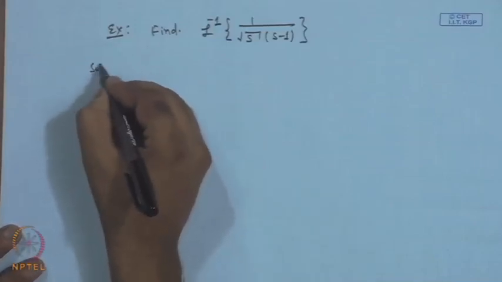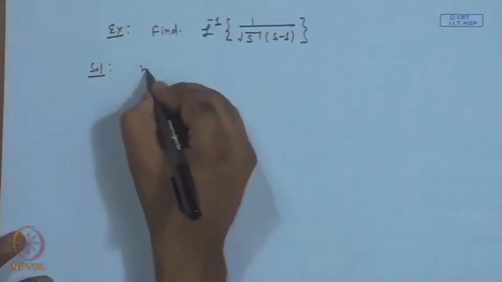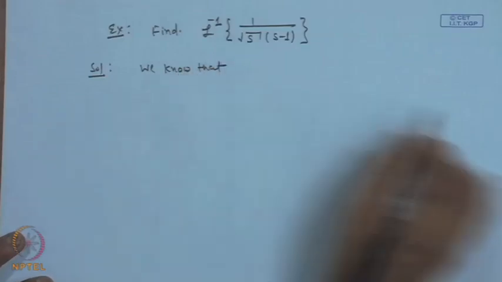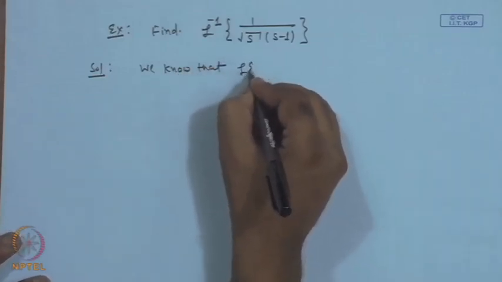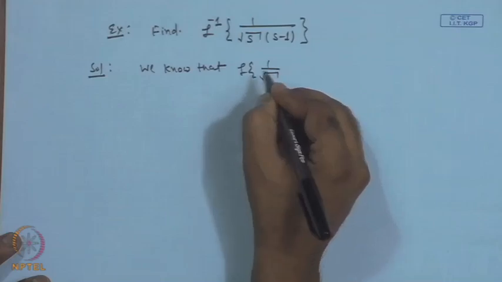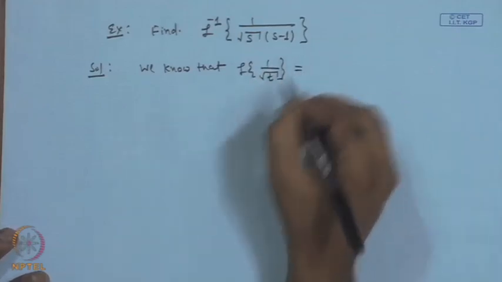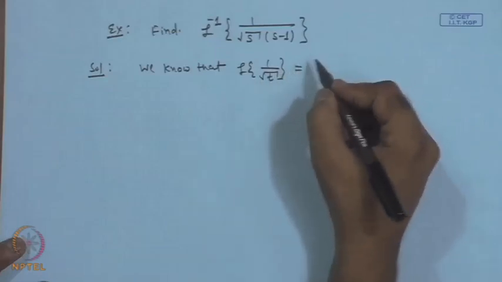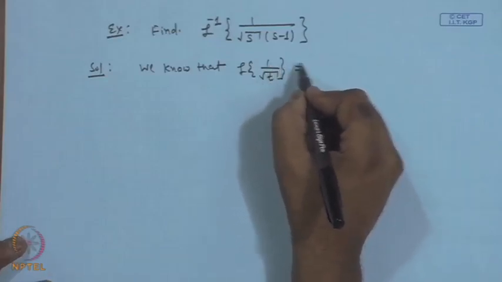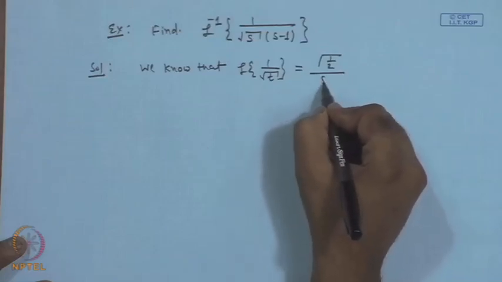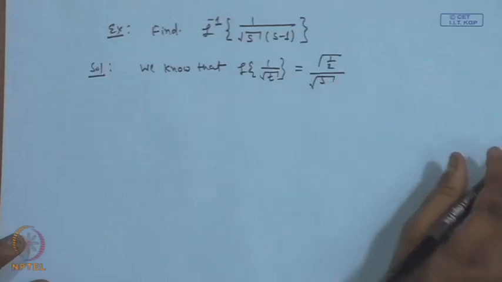then we know that the Laplace of 1 over square root t is gamma of minus half plus 1, so gamma half, over s to the half, so square root s.